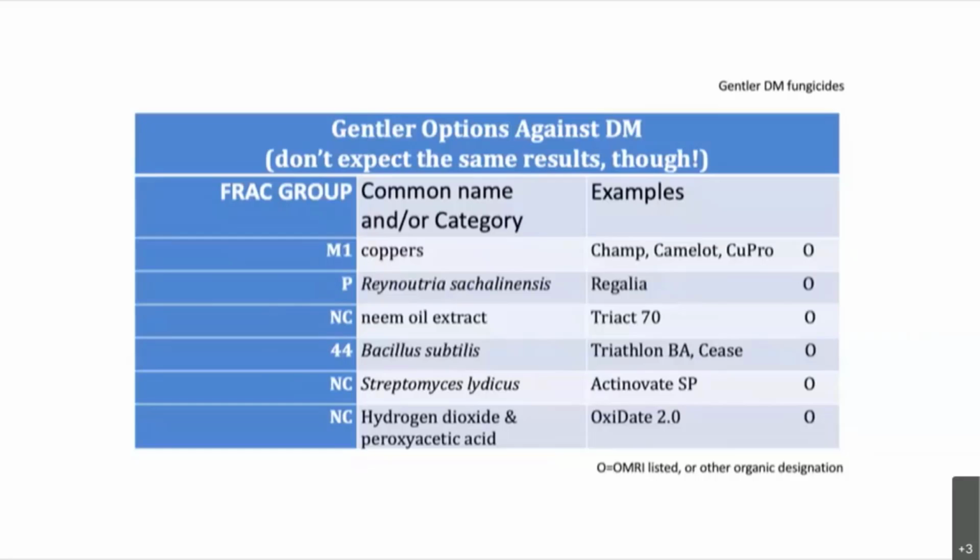So although you can work with things like the copper materials or Regalia or the neem oil or Bacillus subtilis materials or OxiDate or Actinovate, you're not going to get immense amounts of benefit from them. So you need to use them at short intervals and have really good suppressive environments if you're going to grow a downy mildew prone plant.